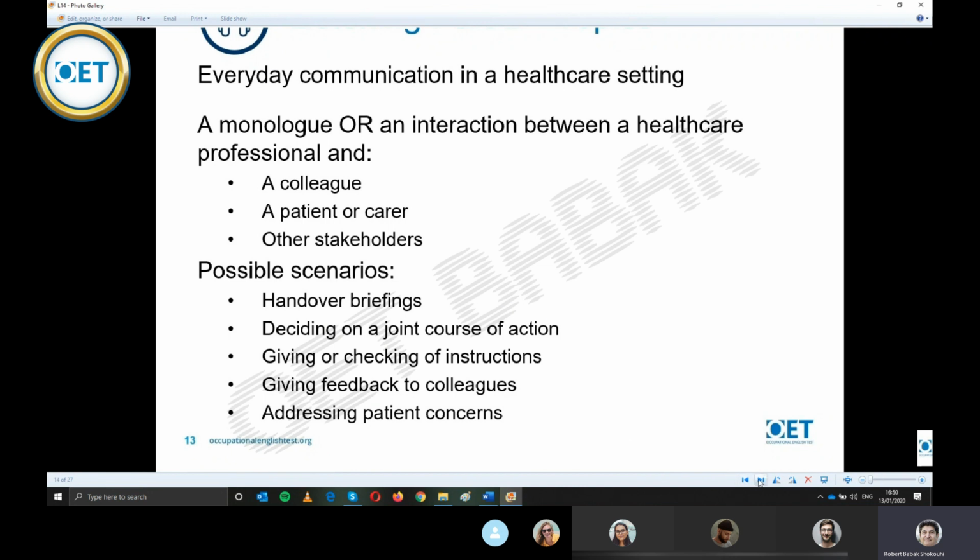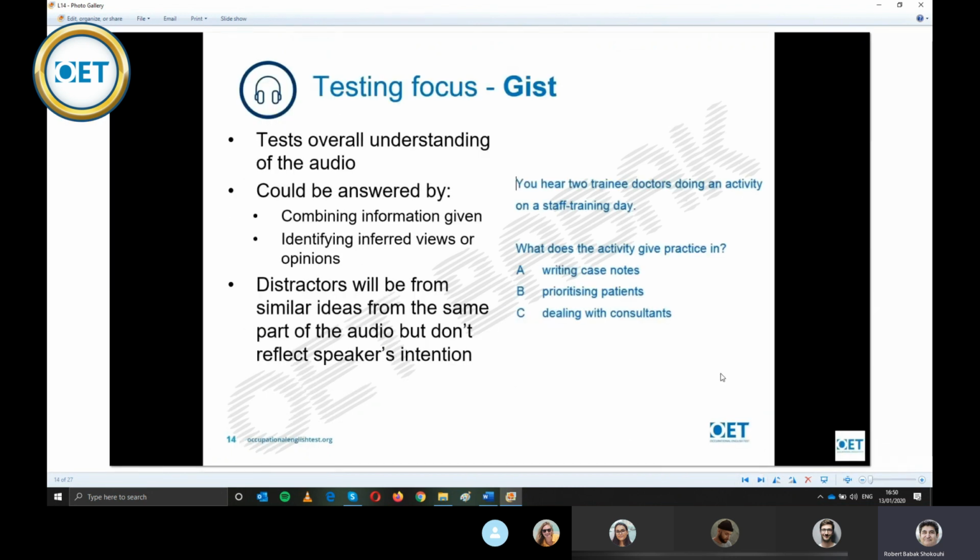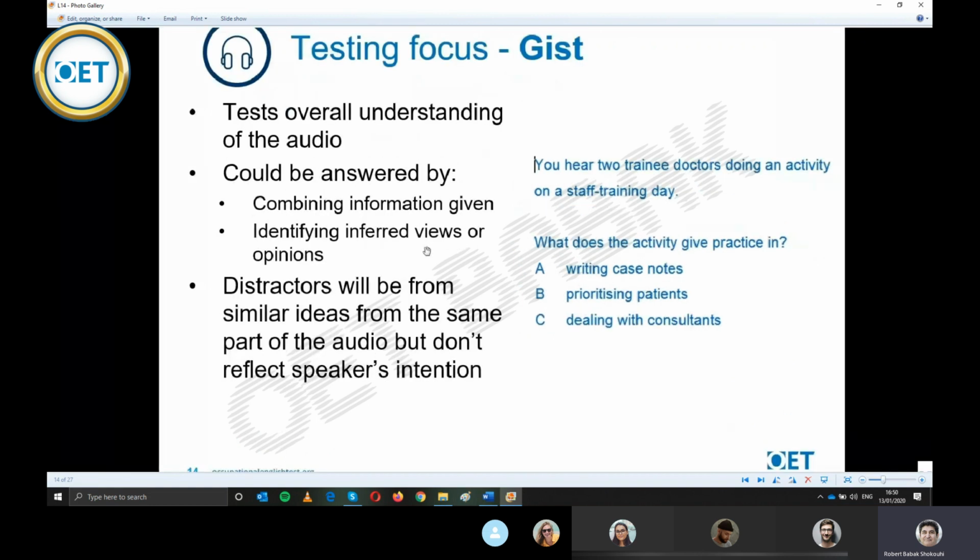So these are more questions of understanding the conversation. It tests overall understanding of the audio, and you need to combine the information given to you. Sometimes you have inferred views or opinions, so sometimes they can make it difficult.